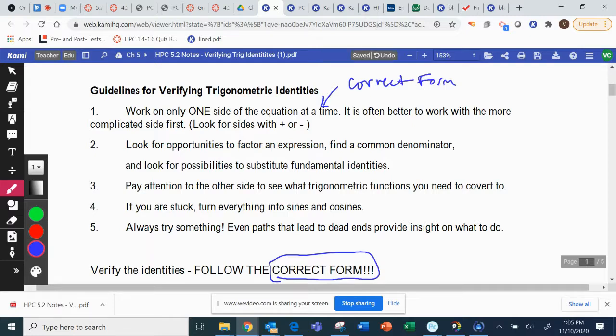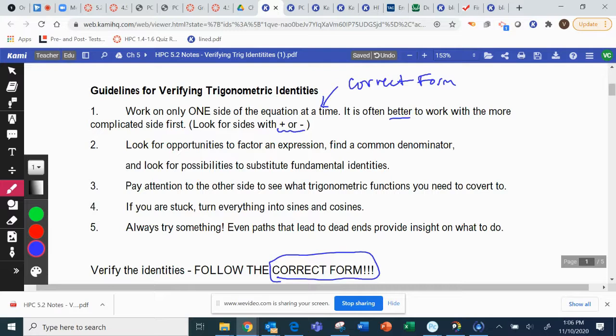So we're going to work with only one side of the equation at a time. It's better to work with the more complicated side first. When it says it's better, that just means it's easier. Even though it doesn't seem like it, addition or subtraction is more complicated than multiplication.